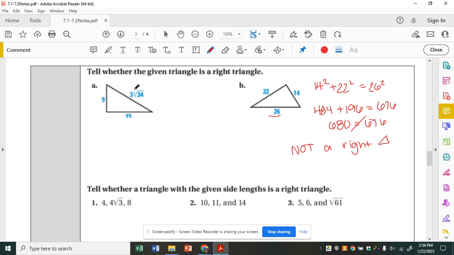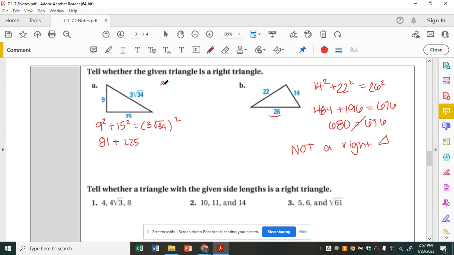So this is what we are going to treat as our hypotenuse. So just setting it up, I'm going to have 9 squared plus 15 squared, and I'm going to take 3 square roots of 34, and I need to square that. On the left side, I can do 9 squared to get 81. I can do 15 squared to get 225, but we need to talk about how I square this.